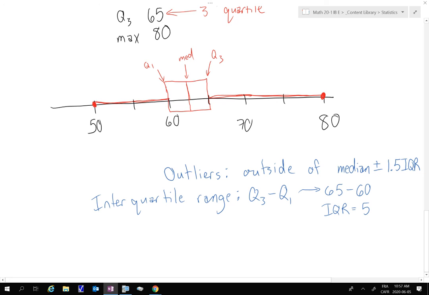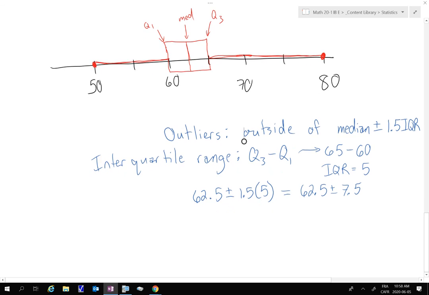So the outliers would be outside of the median, which is 62.5, plus or minus 1.5 times the interquartile range, which is 5. So that's 62.5 plus or minus 7.5. In other words, if a value is less than 62.5 minus 7.5, which is 55, or greater than 62.5 plus 7.5, which is 70, it is an outlier.